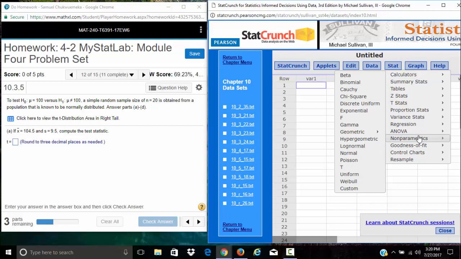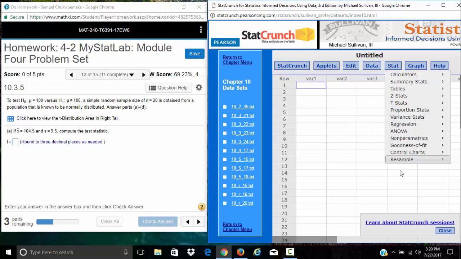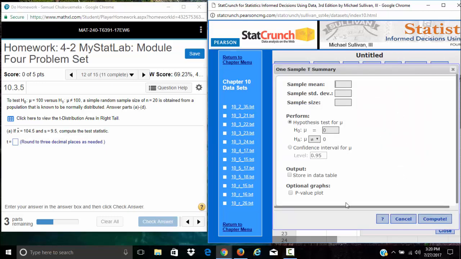Here we are testing a claim about a population mean, so go to T Stats, one sample with summary. Here the sample mean x bar is 104.5, standard deviation is 9.5, sample size is 20. Perform hypothesis test for the mean.